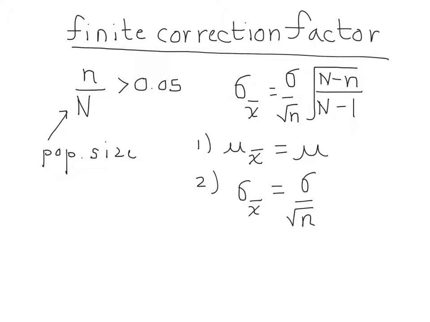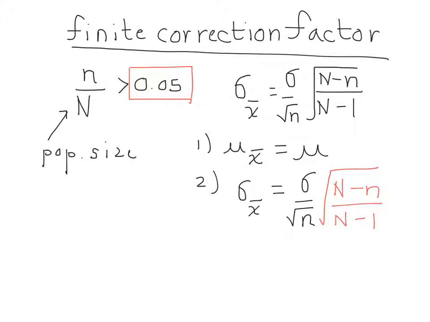Well, when your sample size is at least 0.05, or 5% of the size of the population, that means you're removing a pretty large proportion of the population. What you have to do then is factor in your finite correction factor.